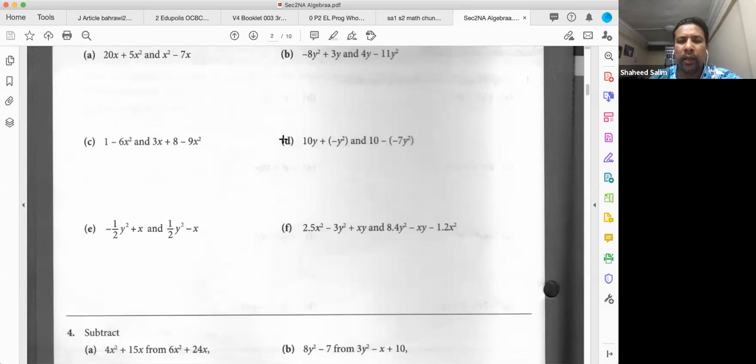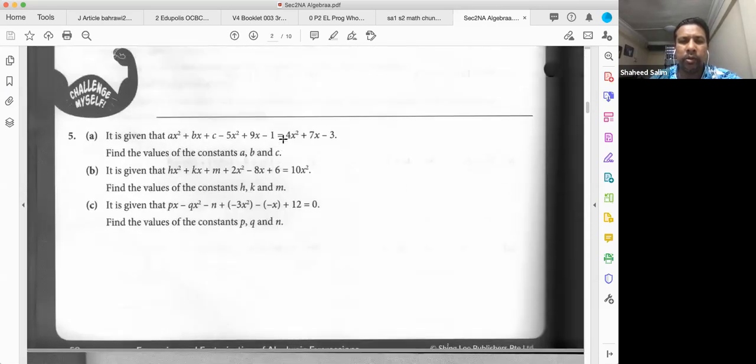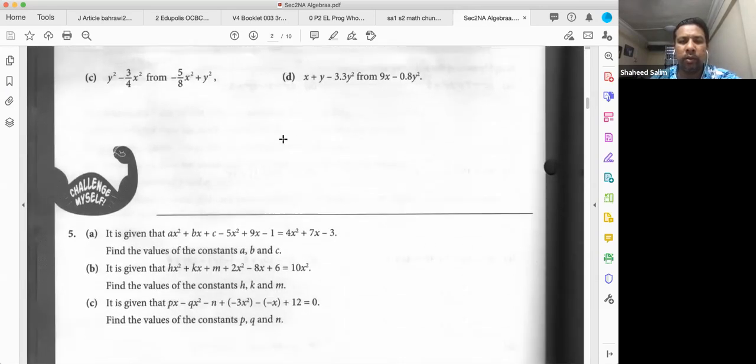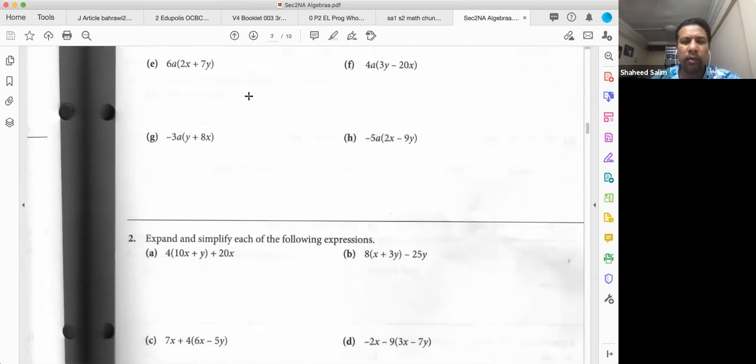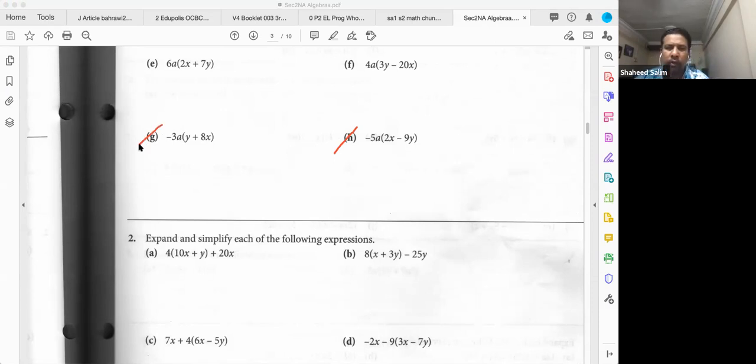We are going to go to the higher end ones, which are problem sums. Can we try just very quickly this and this? Very quickly, and you send your answers.